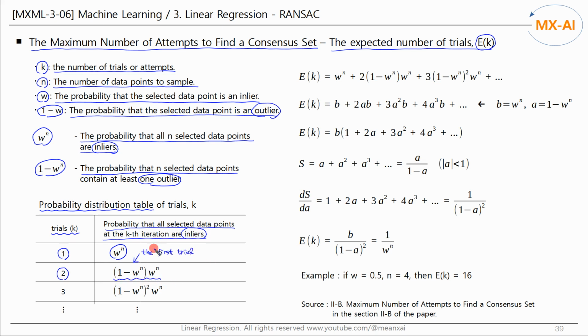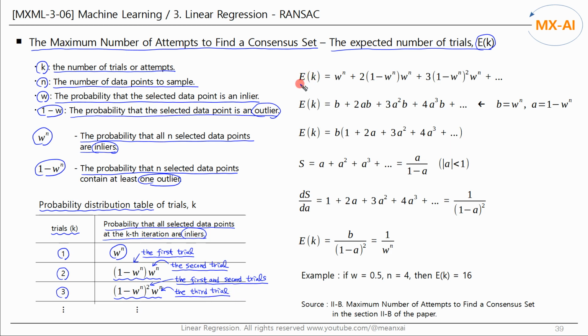On the first attempt, there are outliers, and on the second attempt, they are all inliers. On the third attempt, this probability is like this. The first and second trials both contain outliers, and the third trial contains only inliers.